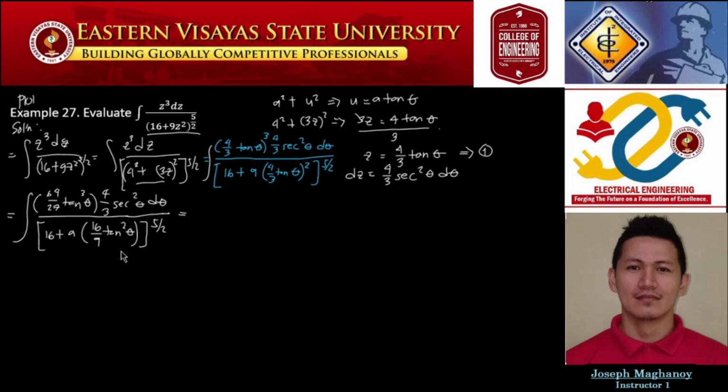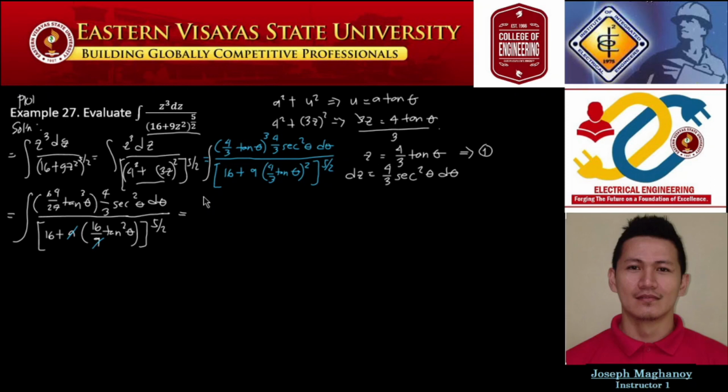Is there anything we can cancel out? Yes, we have a common factor of 9. We can cancel out 9. Then we can multiply at the numerator 4/3 times 64/27, then tangent and secant.